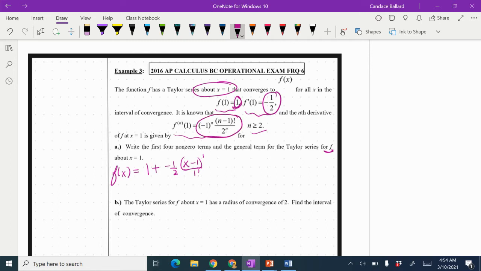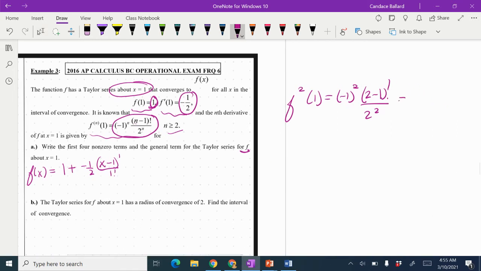So I'm going to be plugging a 2 in for the n value. I plug a 2 in for the n values, correct. Okay, so I would end up with the second derivative evaluated at 1 would be negative 1 squared times 2 minus 1 factorial over 2 squared.